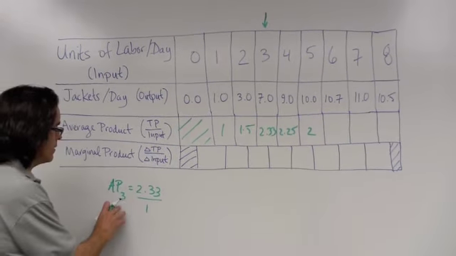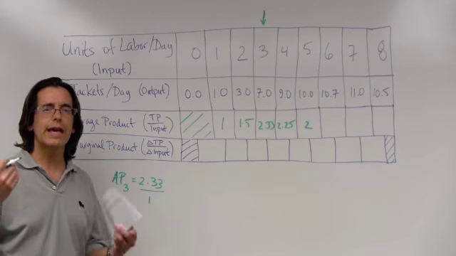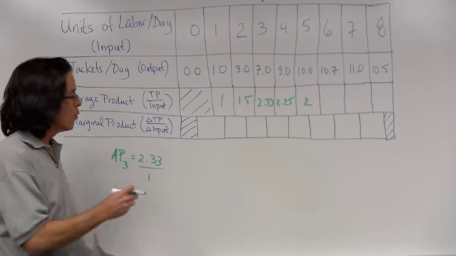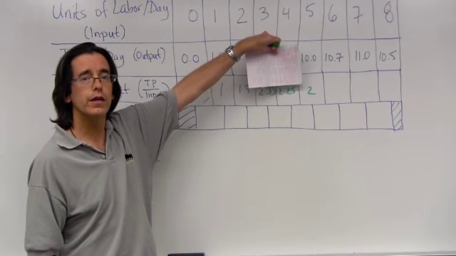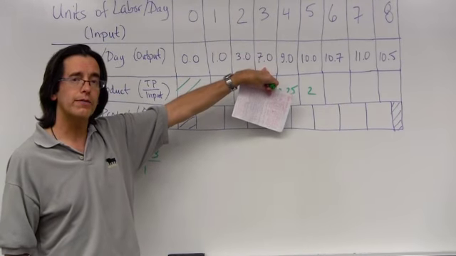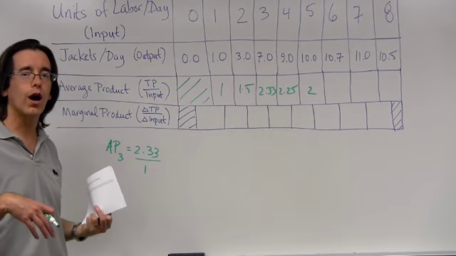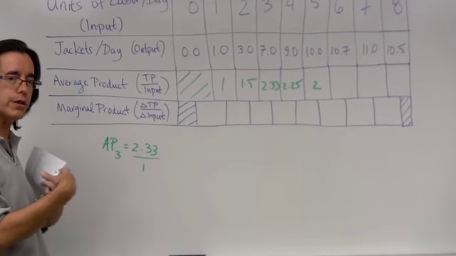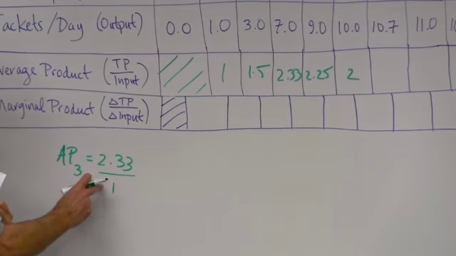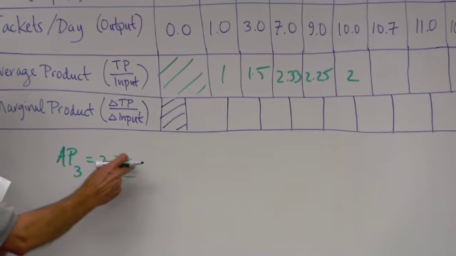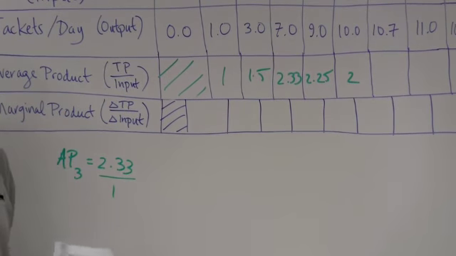So the idea of the average product, it's really a backward-looking measure. It's saying we're using a certain amount of input, it's generating a certain amount of output, and so far, we could say that each unit of labor is producing 2.33 jackets.